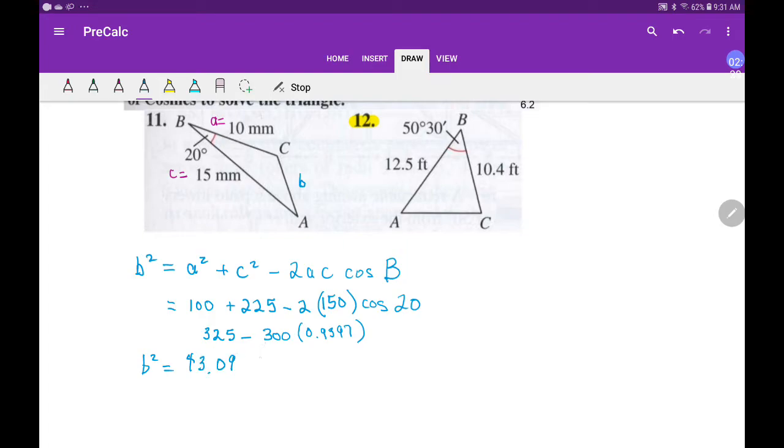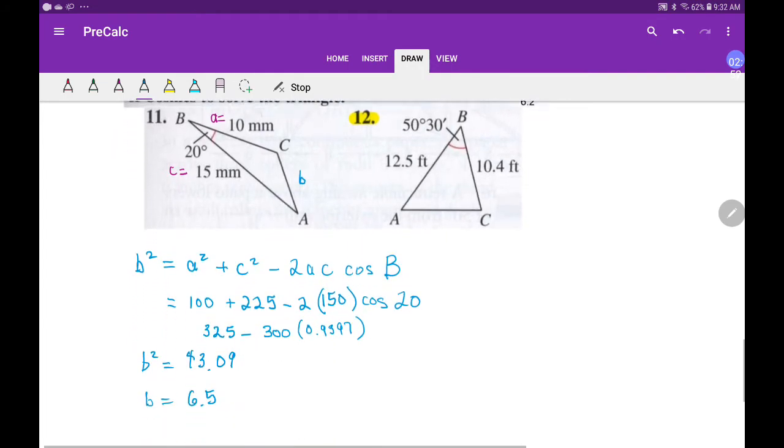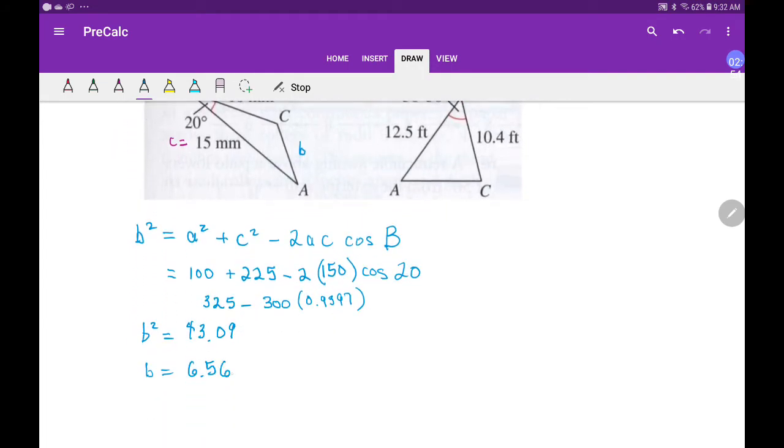Then we take the square root, and B is equal to 6.56. How many places did it ask for? It didn't, so we'll say 6.56 millimeters.